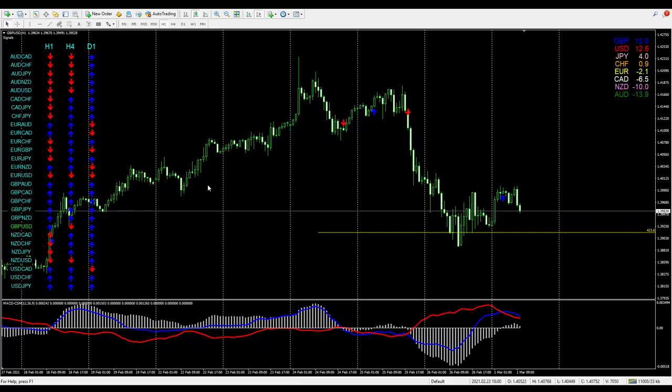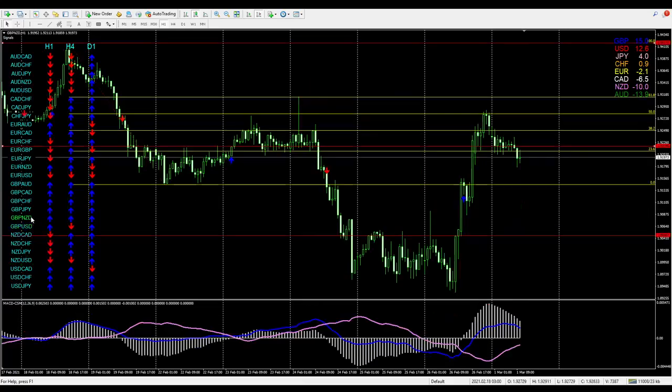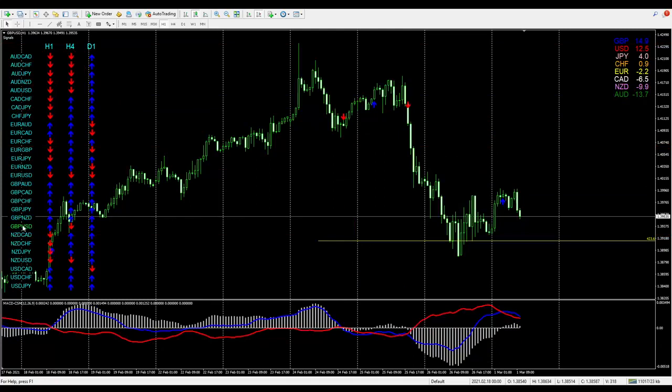But if you hold your trades, you would still be positive, because even if GBP pairs reverse on H4, we know the general trend of GBP is buy, and GBP pairs are really crazy moving pairs. That's why we should expect those kinds of movements on GBP pairs, but not all of the time.